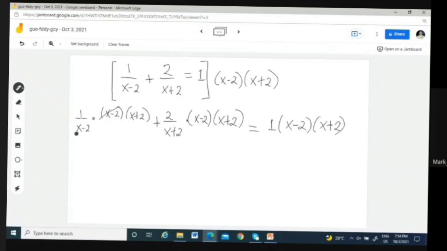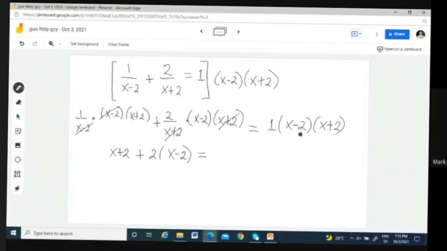We can cancel x minus 2 and x minus 2. So we have 1 times x plus 2, which is x plus 2. Plus, we can cancel x plus 2 and x plus 2. So we will be having 2 times x minus 2 is equal to 1 times x minus 2 times x plus 2.